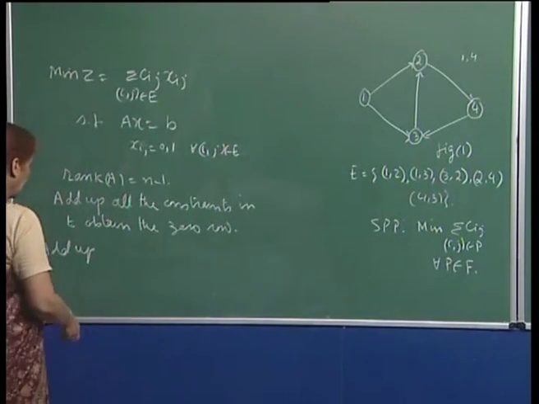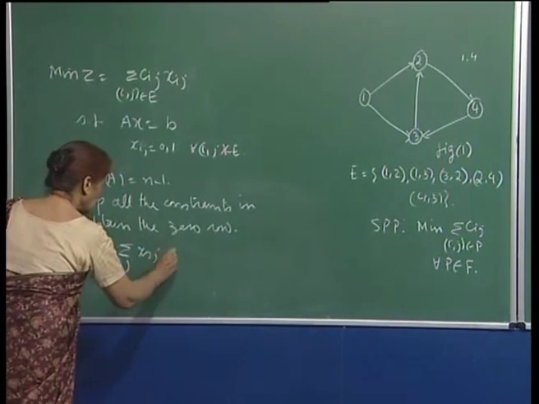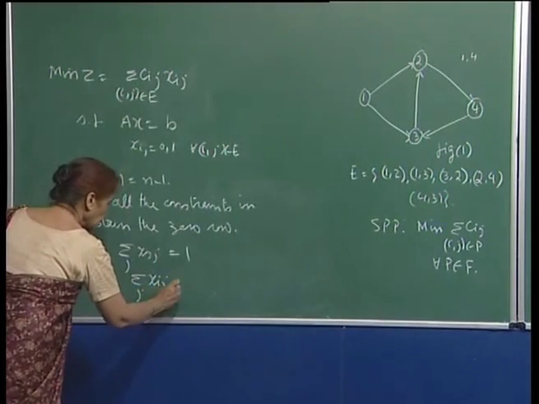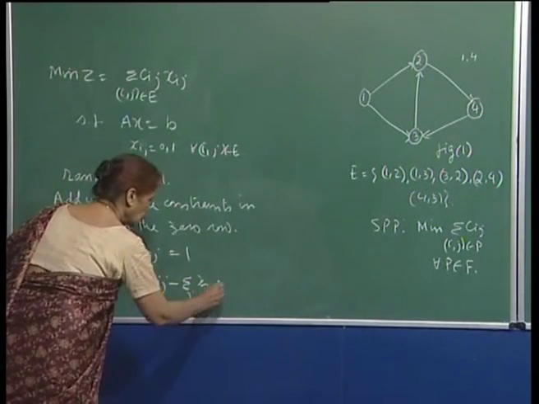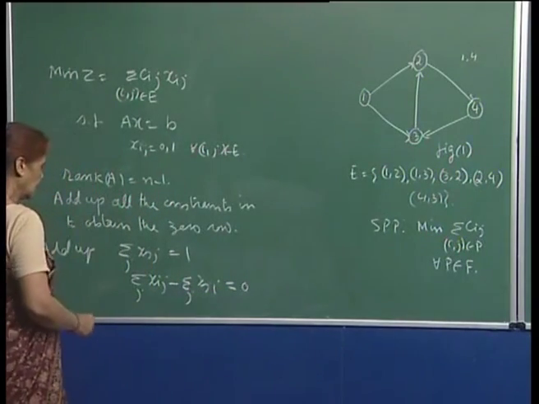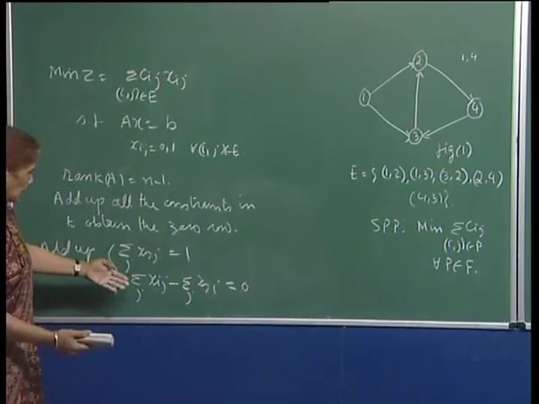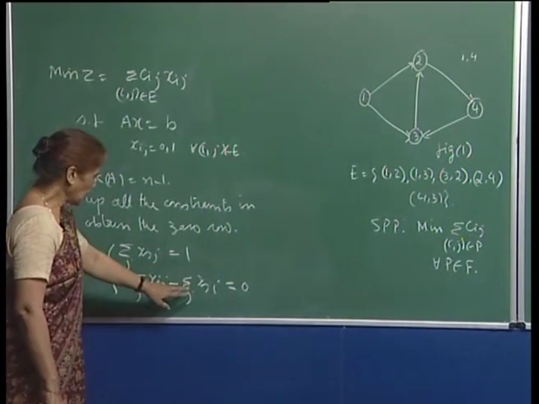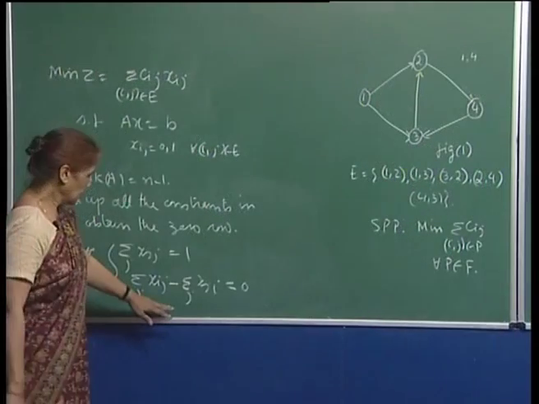But see, add up the constraints: summation x_sj over j equal to 1, and summation x_ij over j minus summation x_ji over j is equal to 0. Just add these up, leaving out the last one. Then all these will cancel out, because you don't have the constraint for the t-th node.